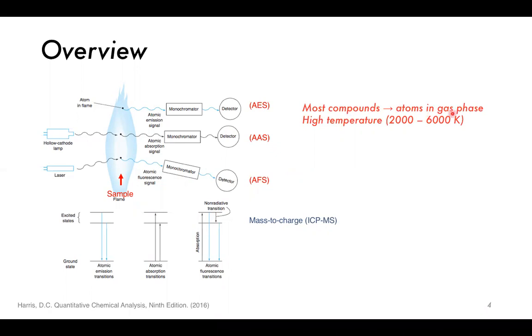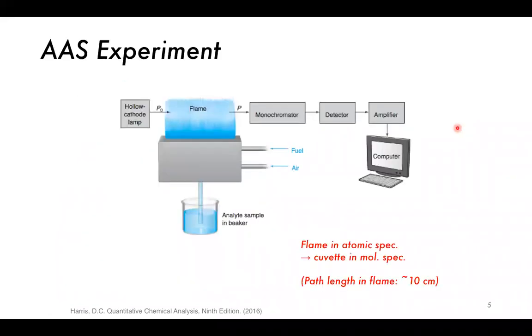So most compounds are atoms in the gas phase at high temperature, 2000 to 6000 Kelvin. So here is the flow of one of these spectrometers. We have an AAS experiment. We have a hollow cathode lamp, which produces the light of incident power, which is P0, which passes through the flame.